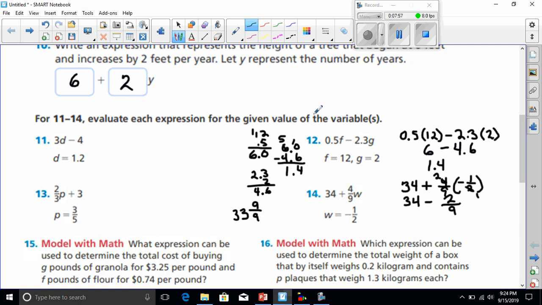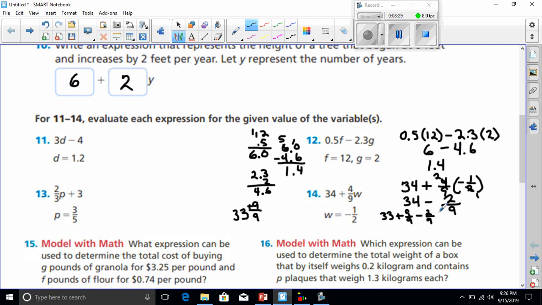Let me examine this closely. So if we rewrote this, it would be 33 plus 9 over 9 minus 2 over 9.